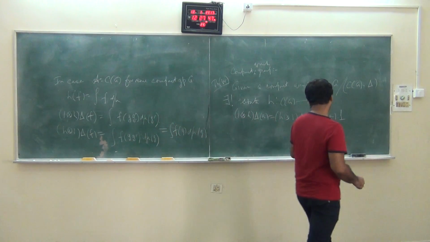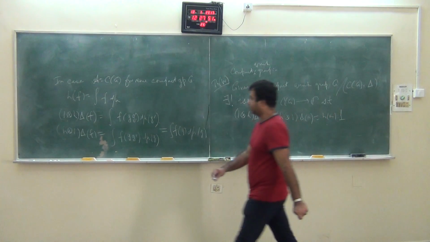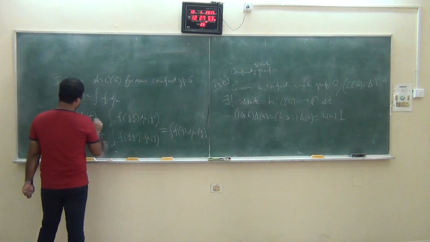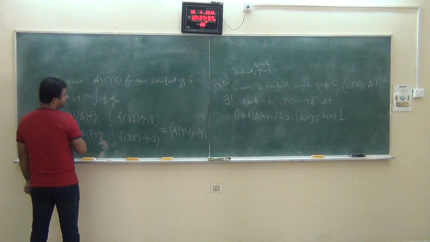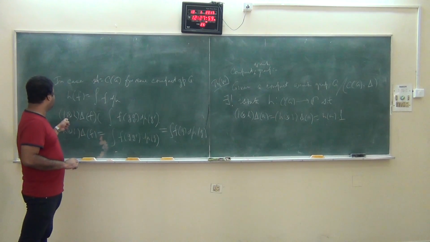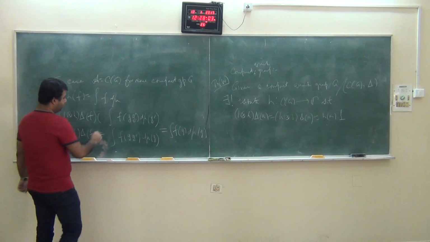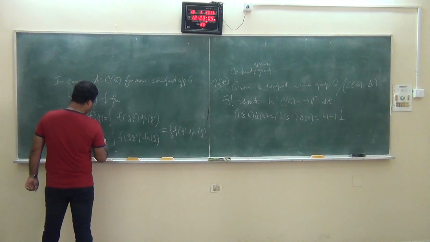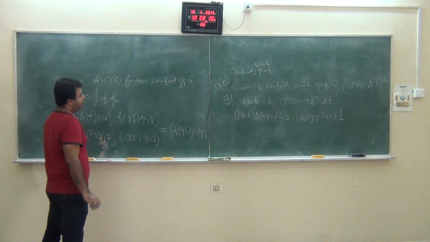Therefore, this condition evaluated at g, g'... no, it is not g, g'. It is on one element really, because this is an element in delta(A). Here it is on g, there it is on g'.